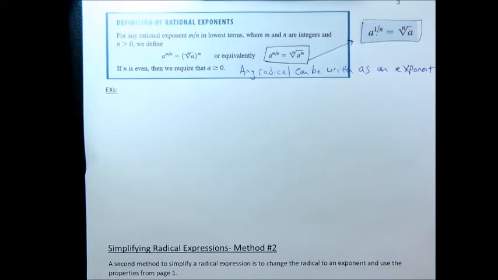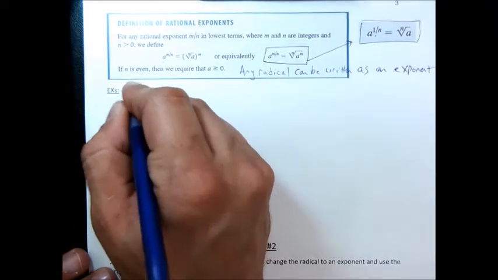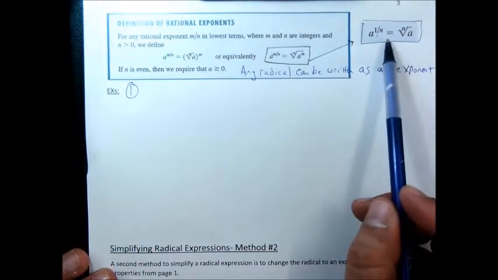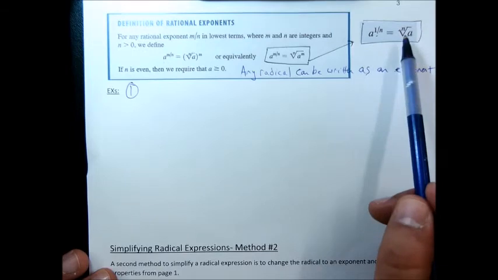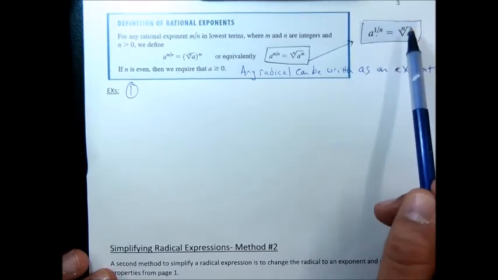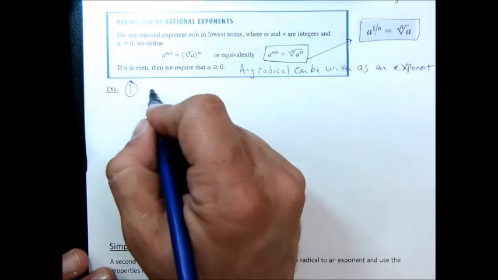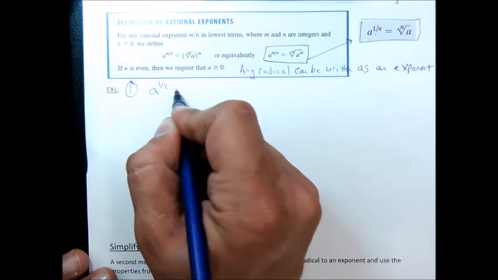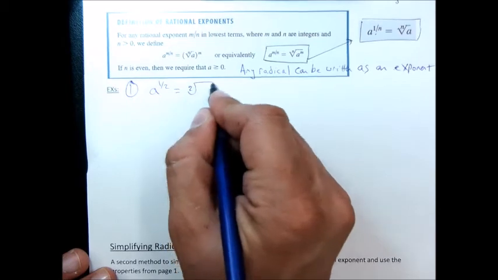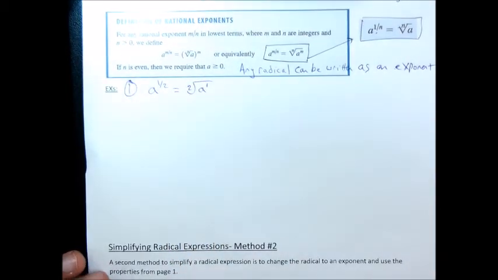So let's just do a couple quick examples here. So for example, let's hone in on this right-hand property. The one that I always use to remember all the other ones is that when you do a to the 1/2, that's the same thing as the square root of a to the first.